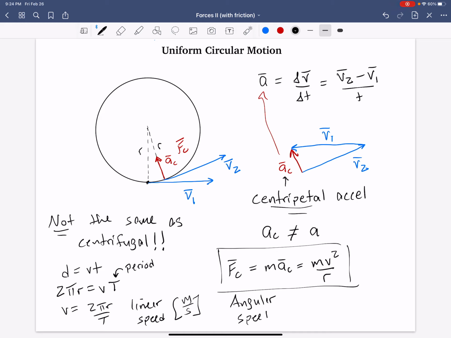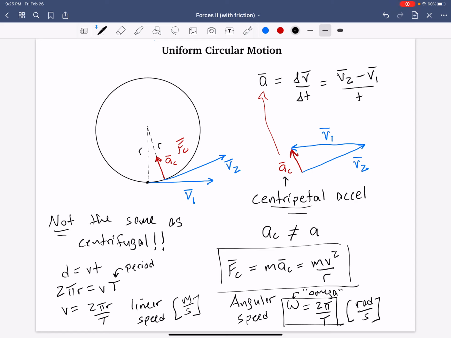So the angular speed is not a W, it's omega. Okay, and so the angular speed is a distance per time, but in this case, it's an angular distance per time. So the units here are radians per second. In radians we have 2 pi, and in seconds we have the period T.